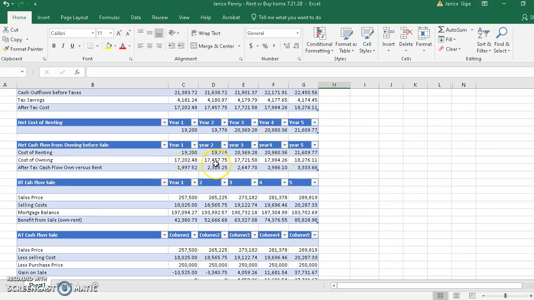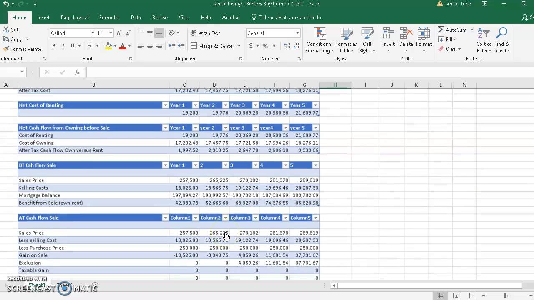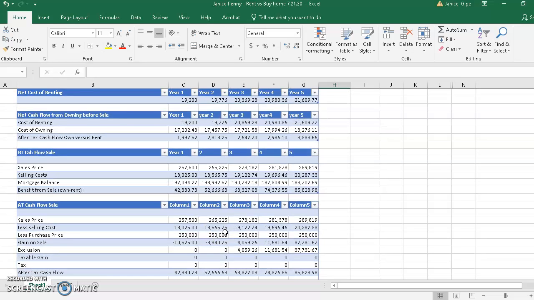And then the cost of owning, which is this amount, and the after-tax cost of renting, which gives you an after-tax cash flow own versus rent of $1,997.72 the first year, which is less than the cost of renting, of course, because you have the deductions, and then you actually own something in the end as well.